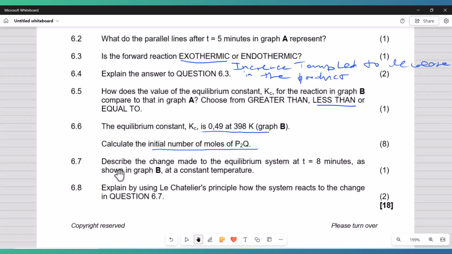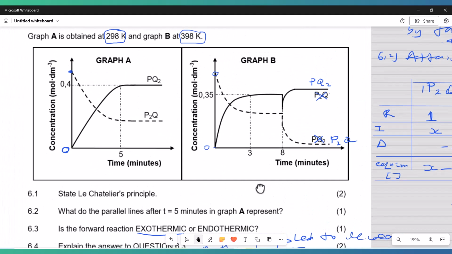I repeat, describe the change made to the equilibrium system at t equals to 8 minutes as shown in diagram B at a constant temperature. So let's check it out. When t was equal to 8, check here guys, this is 8 minutes here. Now what do you observe? The product suddenly decreases. What about reactant? Suddenly also decreases. Are we together?